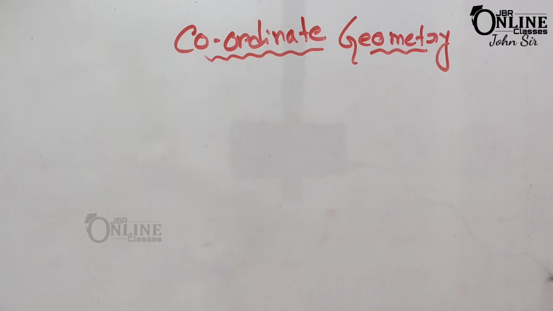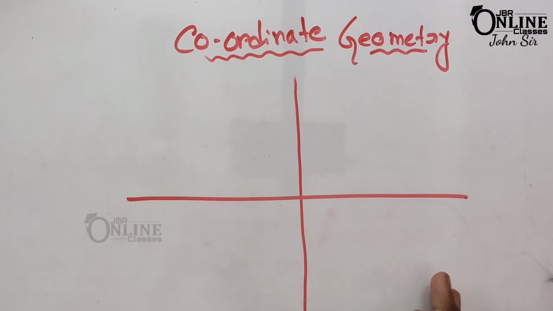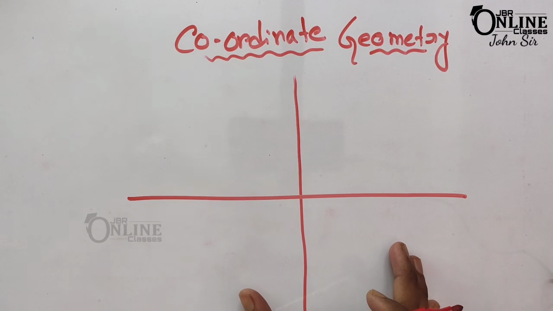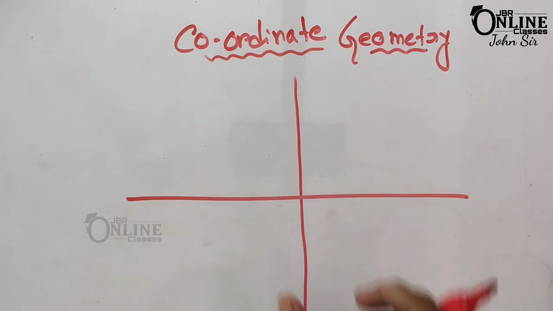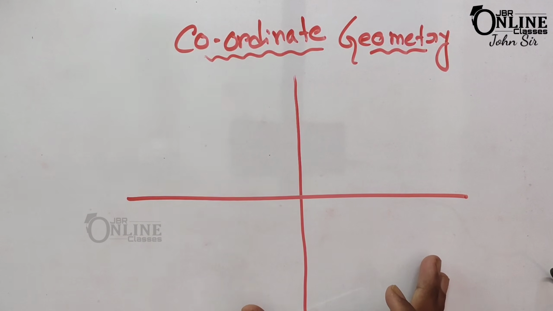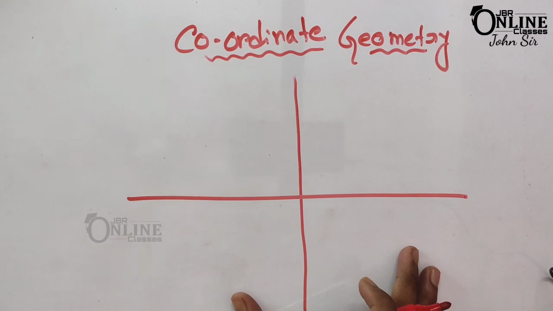Now the next thing is the coordinate system. When two number lines are perpendicular to each other and they are placed together, then it is called a Cartesian coordinate system, or coordinate system, or you can also call it the Cartesian plane.